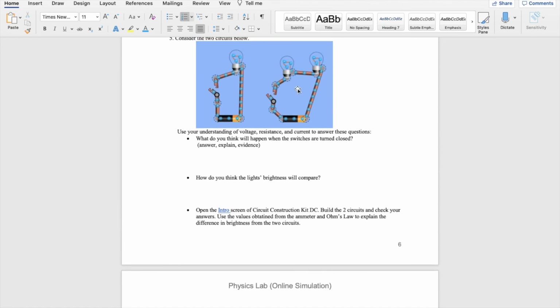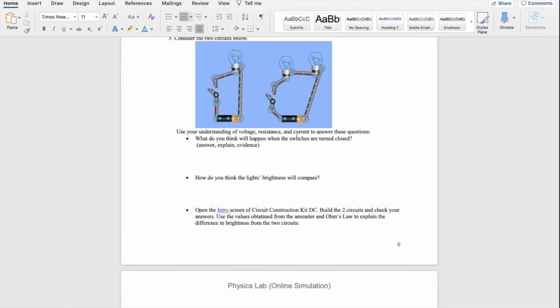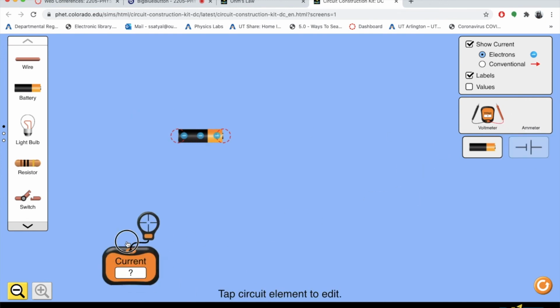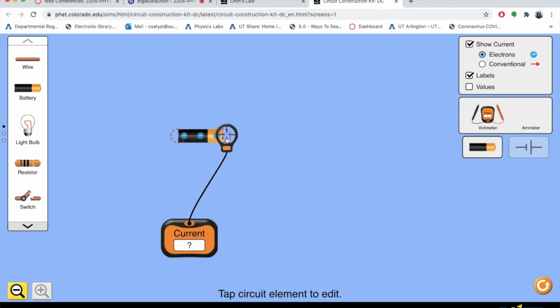So here, please use this ammeter to measure the current with your battery. Take your ammeter and you can measure the current flowing through it. Of course, you'll need a load and wire connected to it this way.